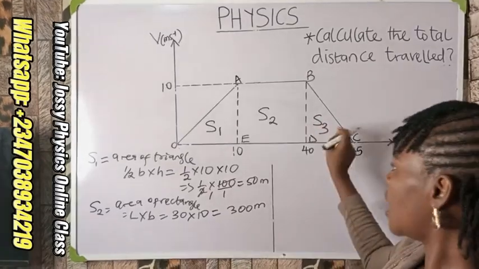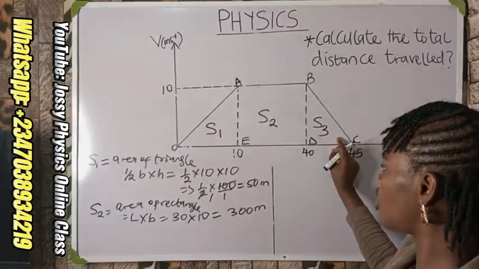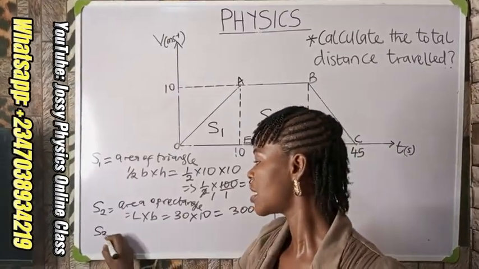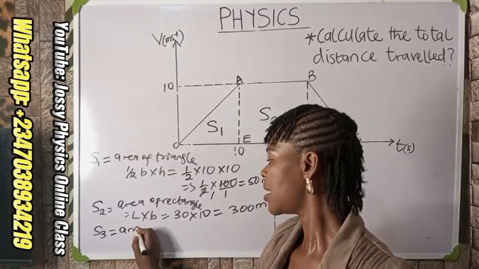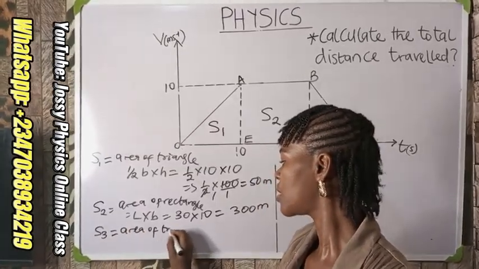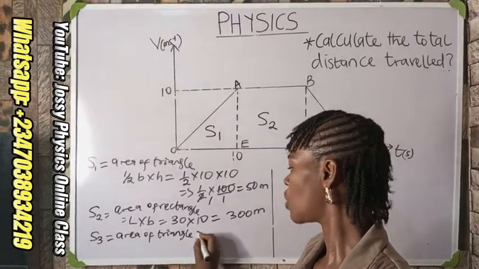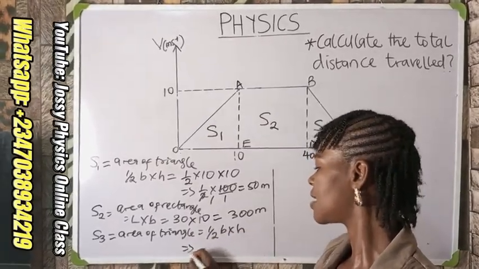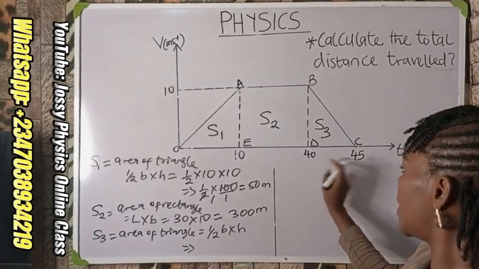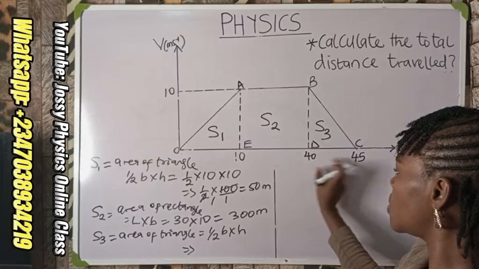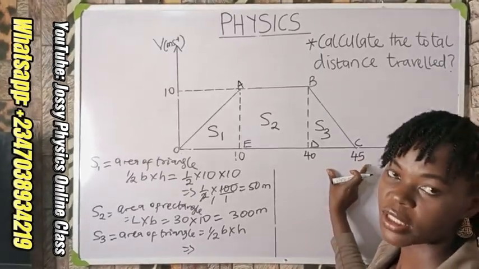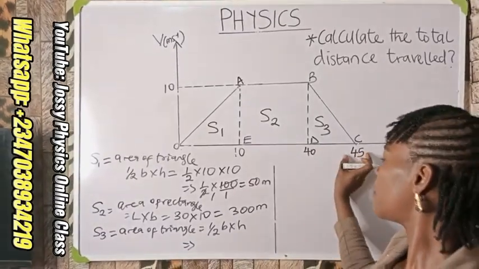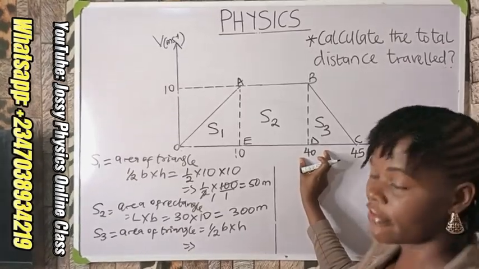So for me to get S3, this is equally the shape of a triangle. I'm also going to use the area of a triangle, which is half base times height. What is my base here? I have 40 and 45. The difference between them is 5. Difference means the highest number minus the lower number, so 45 minus 40 gives me 5.